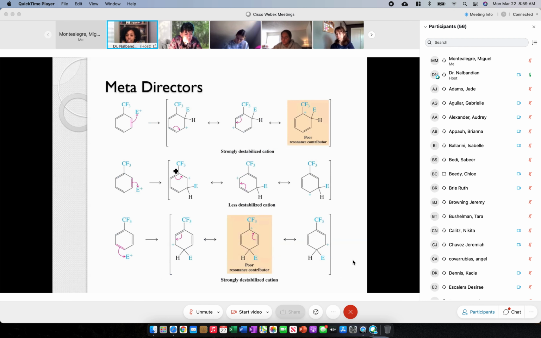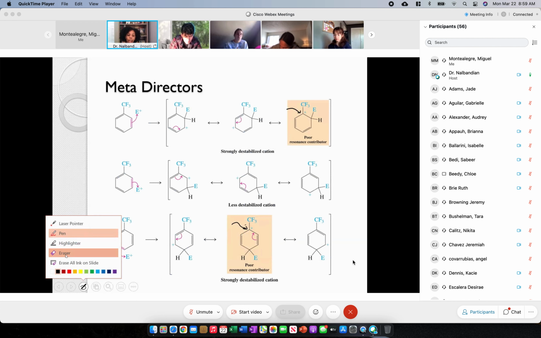Well, when we do our first step, we attack our electrophile, look at our different resonance forms. So, okay, we get the exact same resonance forms if it was CH3 as if it was CF3. But now, remember, with this being CF3, electron density is being pulled away. What's happening here?